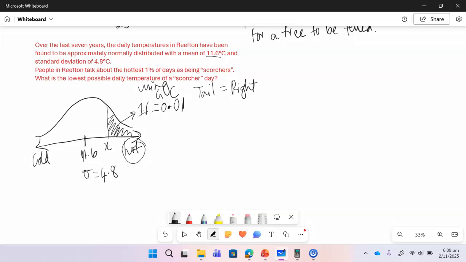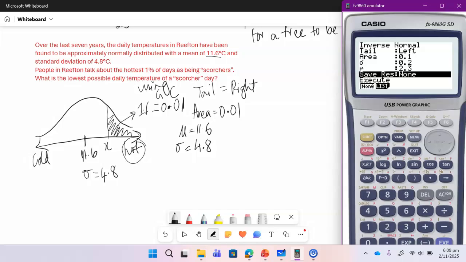Tail is to the right and area is 0.01, and then mean is 11.6, standard deviation is 4.8. You've already written that. You do not need to write that again. Cool. I'm going to change that to right, so you press F2 to change it, and then, oops, area 0.01.